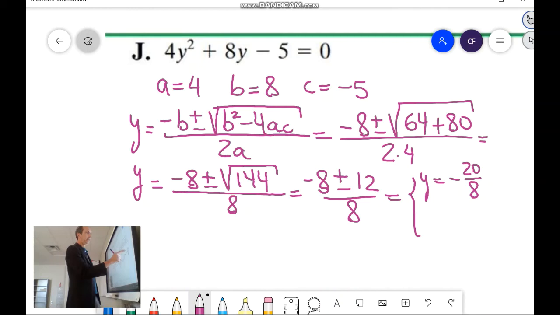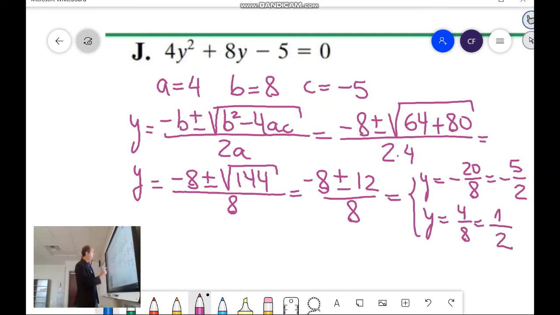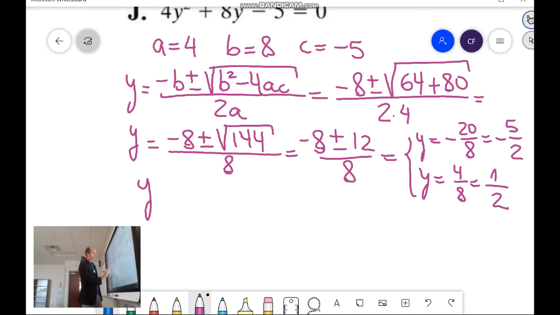You can divide the numerator and denominator by 4, so you have negative 5 over 2. And negative 8 plus 12, positive 4, divided by 8, you can simplify to 1 over 2. Those are the answers. y equals negative 5 over 2 and 1 over 2.